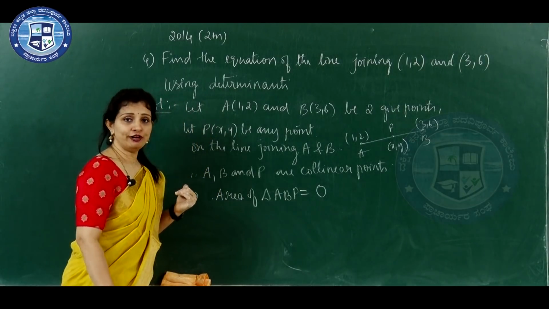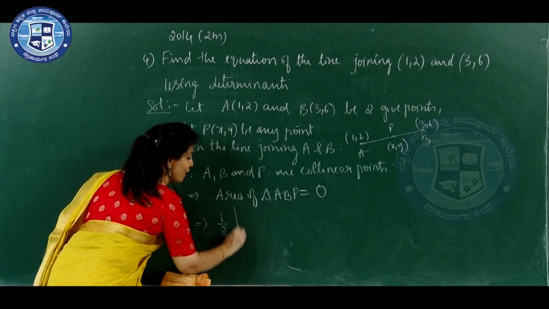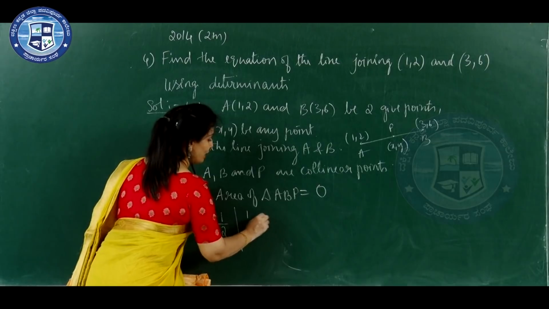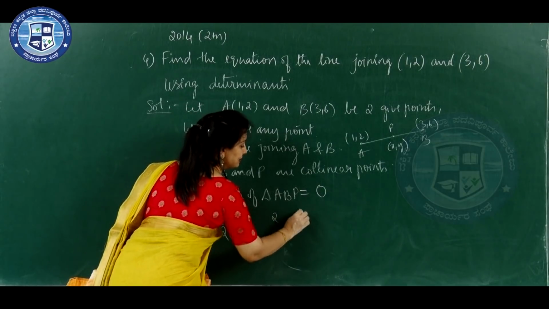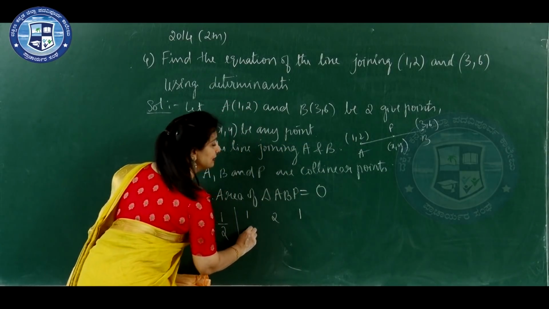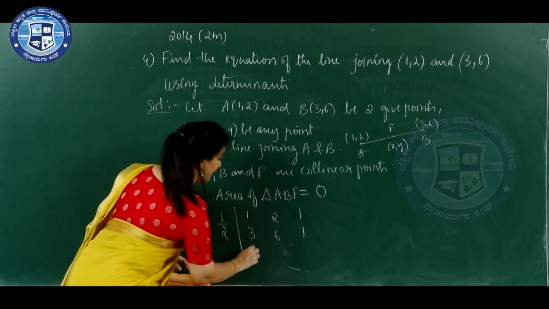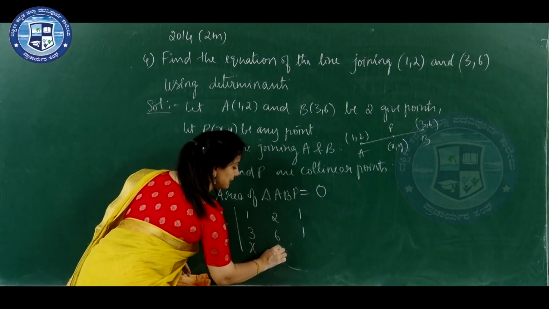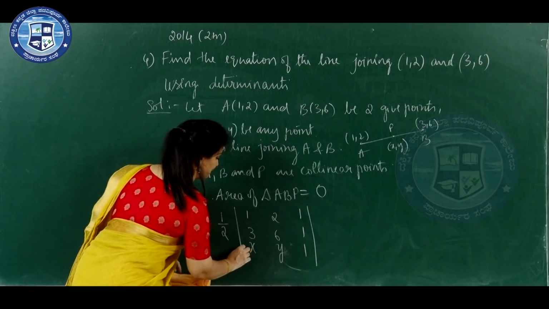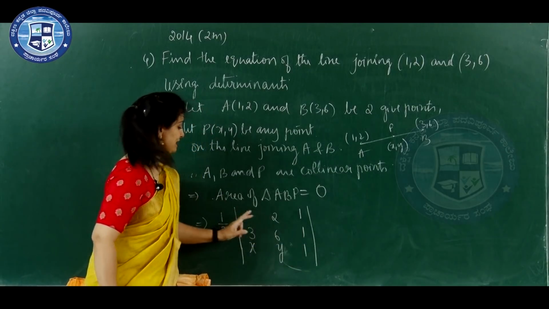Now, we know how to find the area of triangle ABP using determinant, which is equal to half of the determinant of the first coordinate 1, 2, and the third element is always 1. Second coordinate of B is 3, 6, and the third column is 1, and the coordinates of P are unknown, x and y, and the third element is 1. So, the third column, as you know, has each element 1.